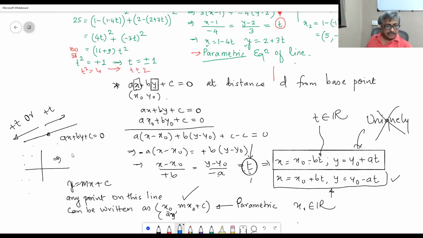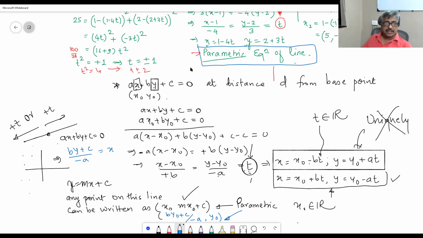I should do it like this: by plus c upon opposite of a is equal to x. So I can write the equation of the line as by naught plus c upon opposite of a comma y naught. This is also parametric. You take different values of y naught, calculate different values of x naught and keep getting different points. So I am trying to explain the parametric equation of a line, which is not a unique representation.